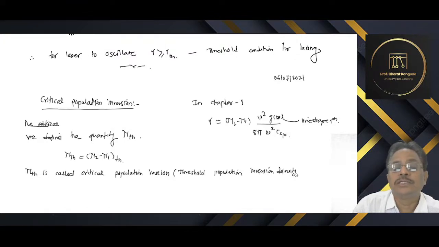Actually, as I said, this is a lengthy derivation. We are not going to carry out everything here. It denotes the minimum population inversion density required to start the lasing action.